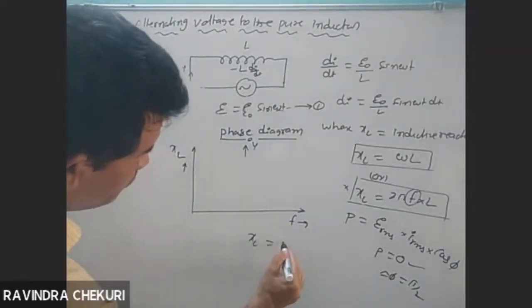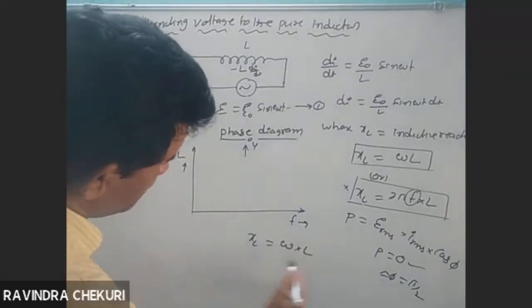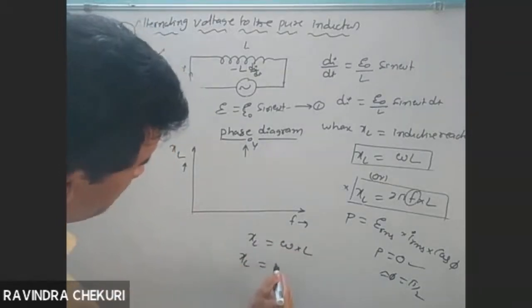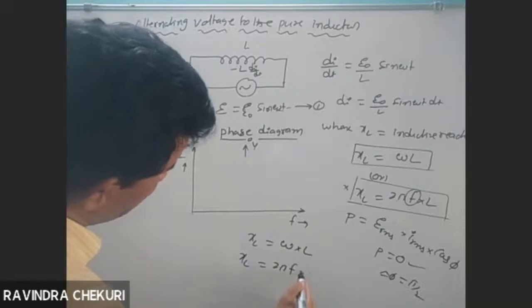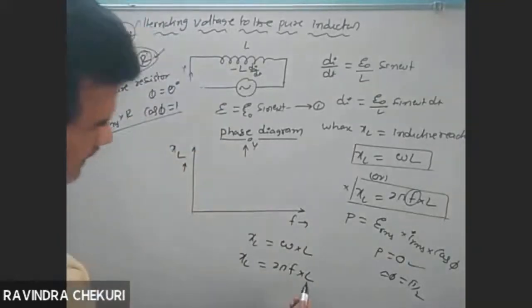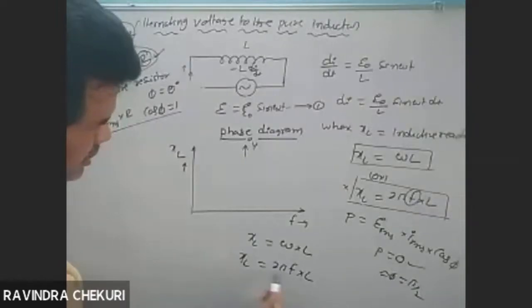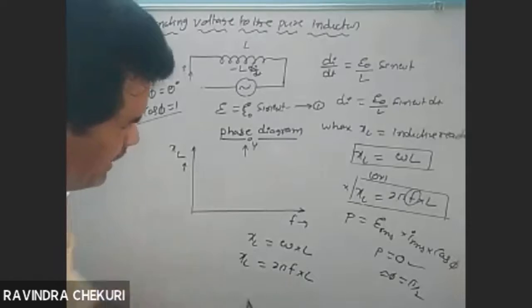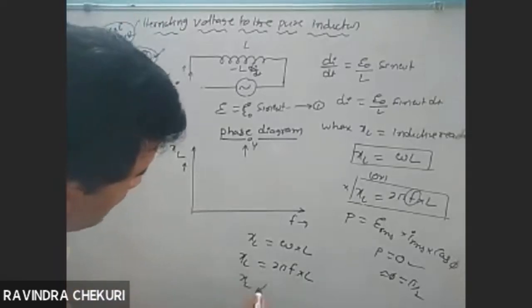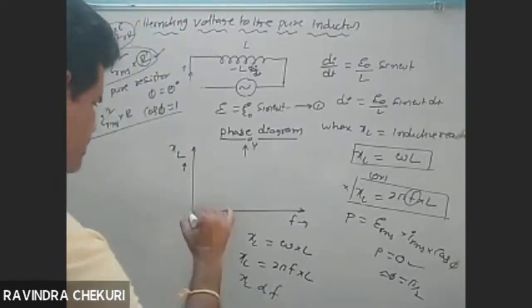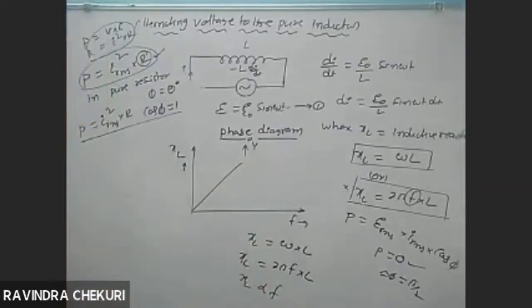XL is equal to omega into L, so XL is equal to 2 pi f into L. For a given inductor, if L is constant, what is the relation between XL and frequency? Directly proportional. So it is a straight line passing through the origin.